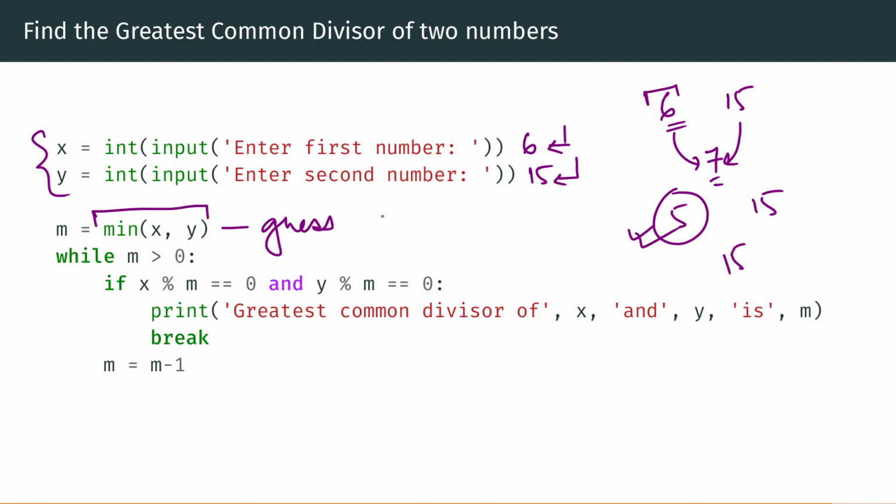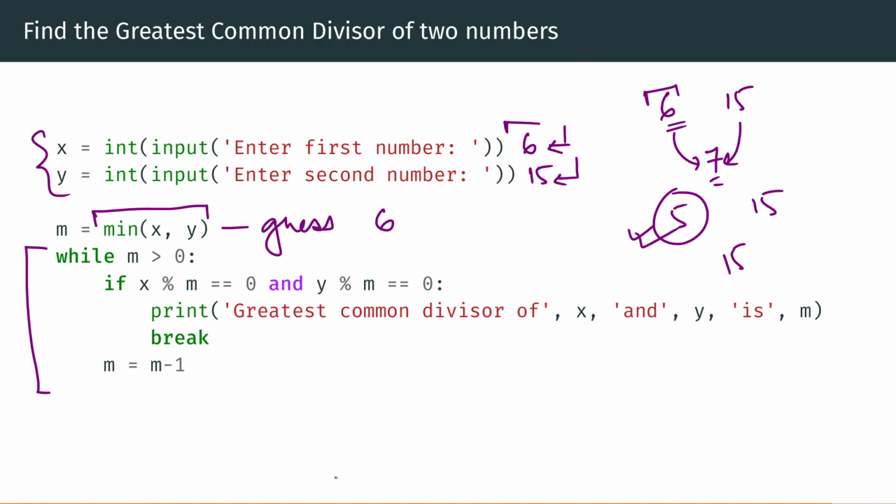In this case, our guess is 6. Inside this loop, we will double check our guess and modify it, and by the time the loop is done, our guess will have the correct result.